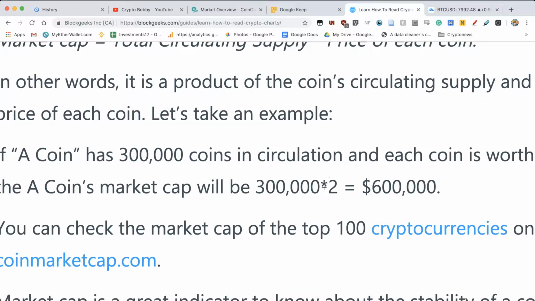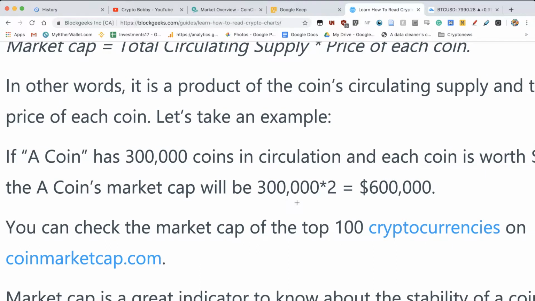If I buy this coin for $3, the price of the coin increases to $3, and you would do $3 times 300,000 coins, which would make a market cap of 900,000 US dollars. So with just $1, I would be creating an additional 300,000 US dollars on the total market cap of this coin. I think this is very important to keep in mind.